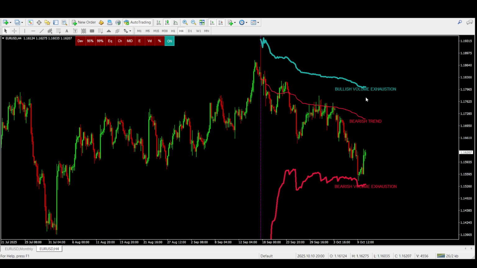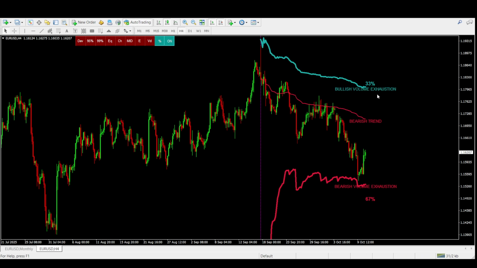The first is the percentage button, which when pressed shows the ratio between the bullish channel here and the bearish one.